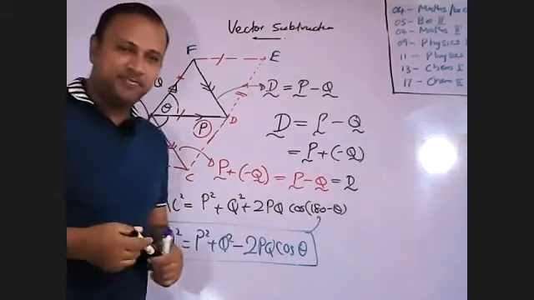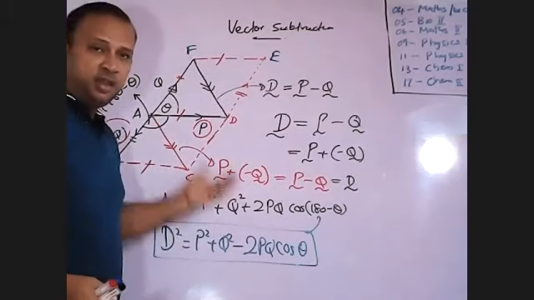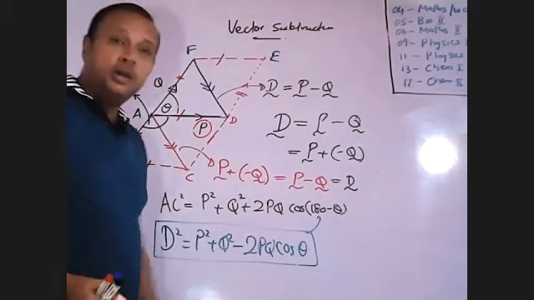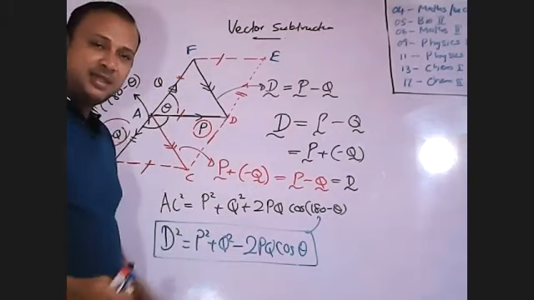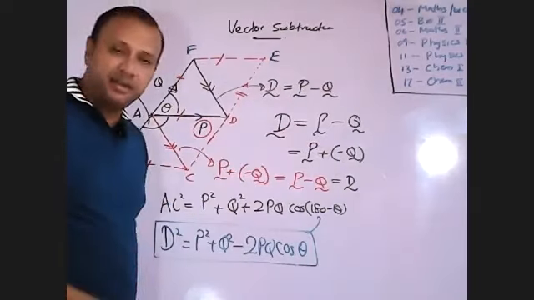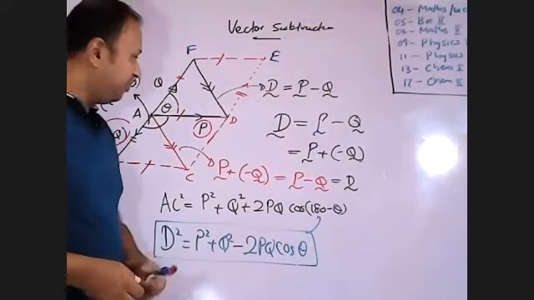Okay. Then we don't want to draw two parallelograms. Then we can reduce this result into one parallelogram. How to reduce that one?